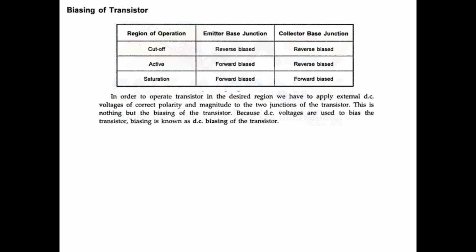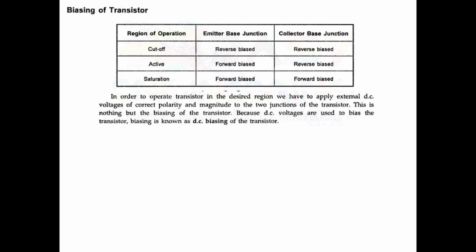Biasing affects the junctions' conduction ability. Generally, a transistor has two junctions. One is the collector to base junction, and another one is the emitter to base junction.